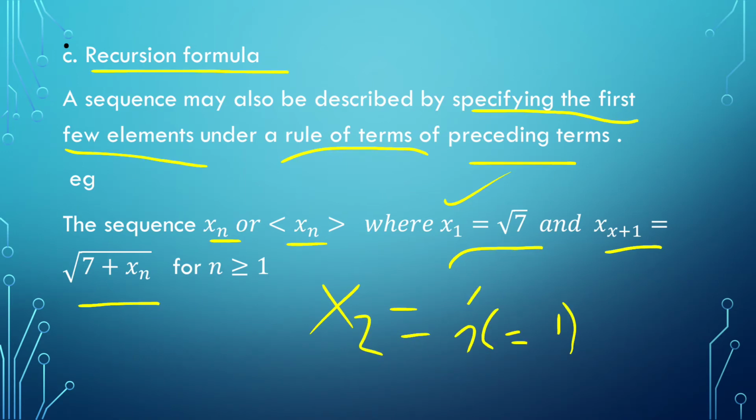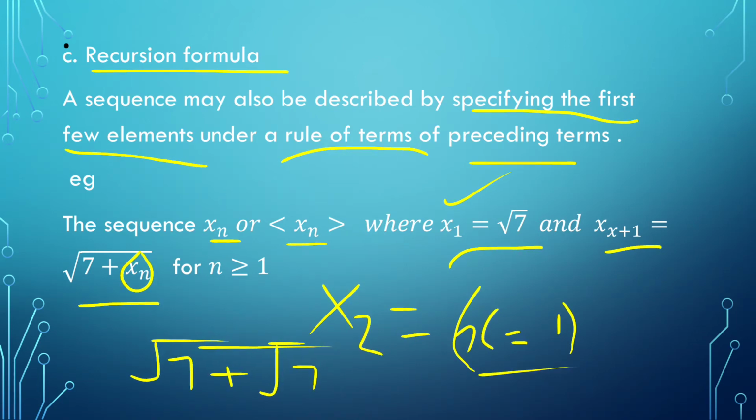You can see it will be root 7 plus x1, or that way. So substituting, you can see here we are talking about n being equal to 1, and you substitute here. By doing that, you are applying the idea of a recursion formula.